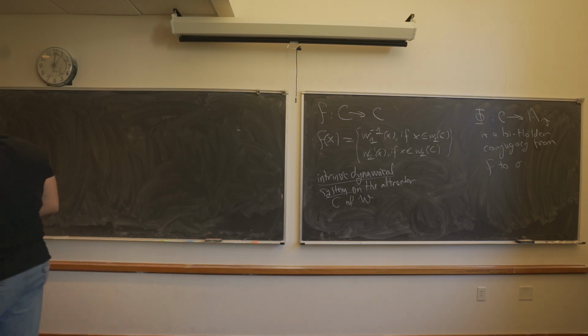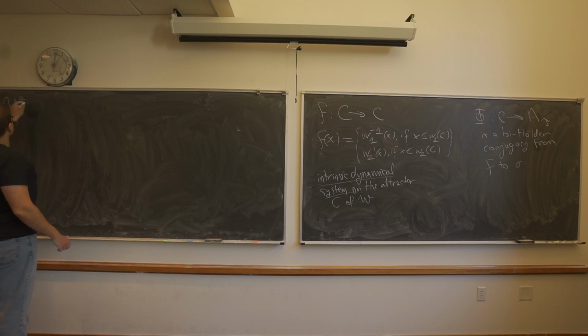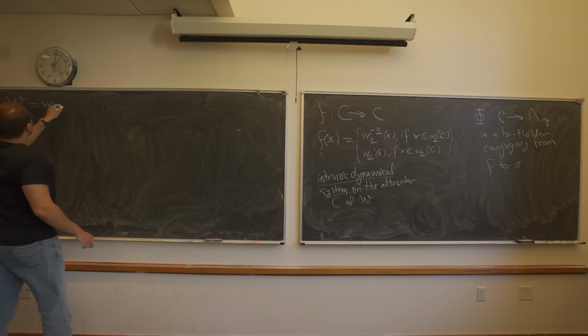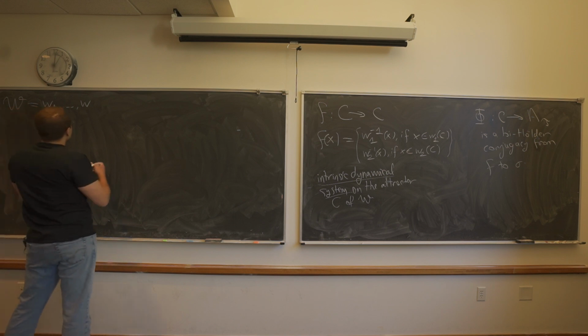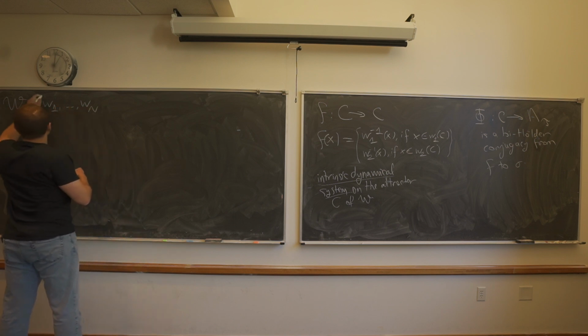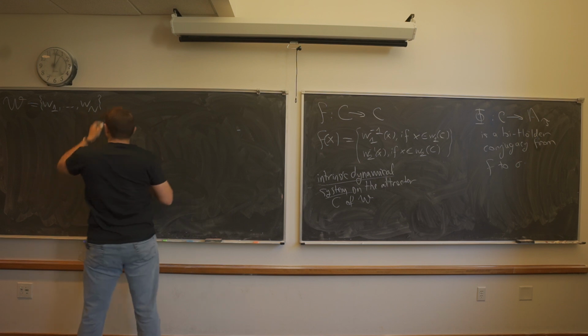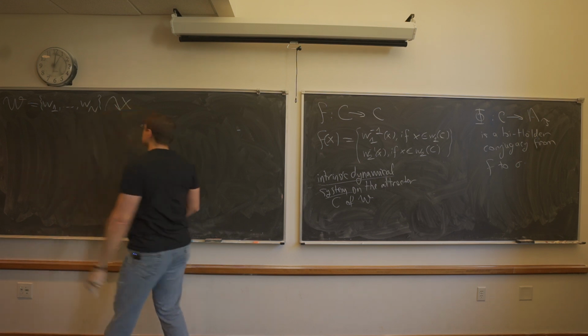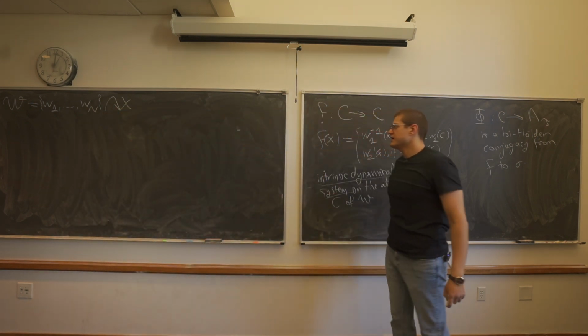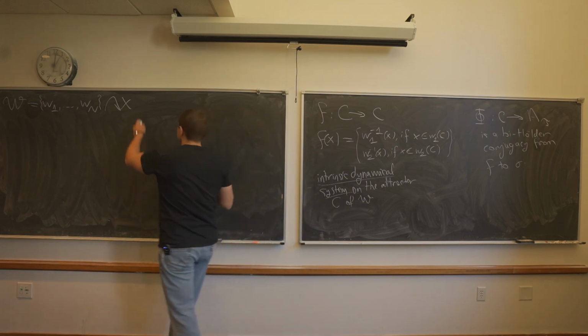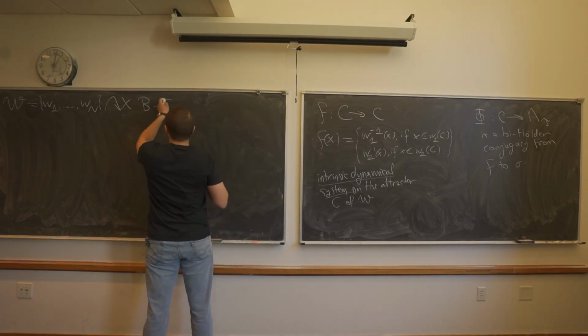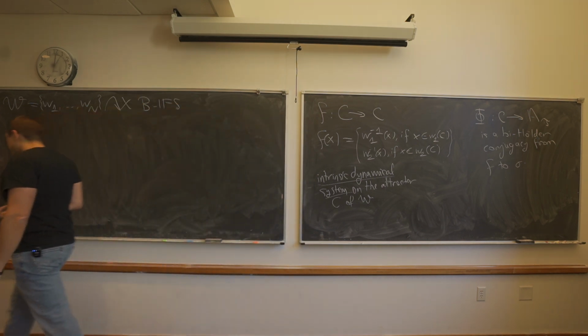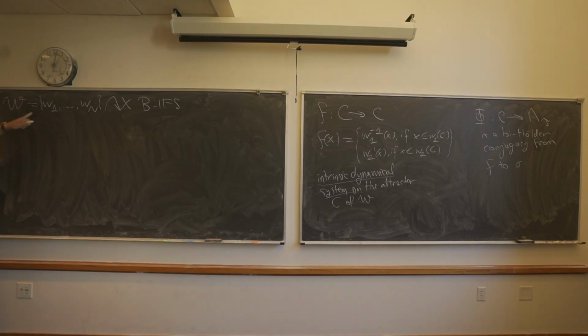Okay, let me fix some notation. Let's say I have n contractions acting on a complete metric space. So this is a B-IFS. Let L be the max of the Lipschitz constants.